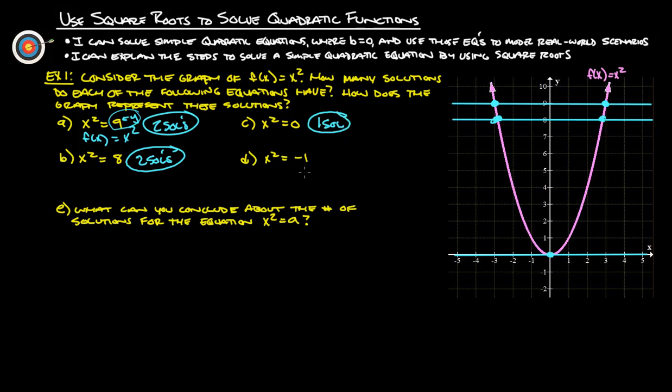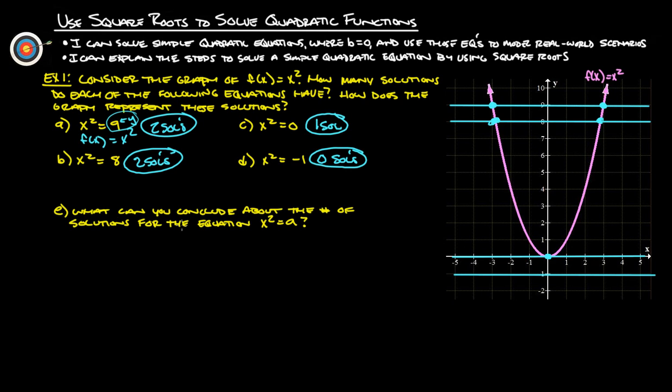And then x squared equals negative 1 is down here. So that is this here, and you can tell there that there are no solutions. Okay. Now, what can we conclude about the number of solutions for the equation x squared equals a?